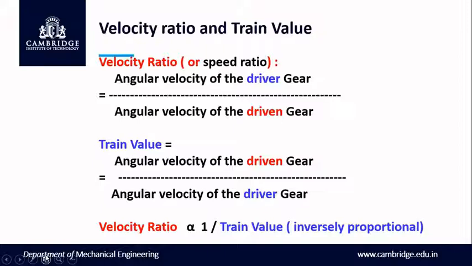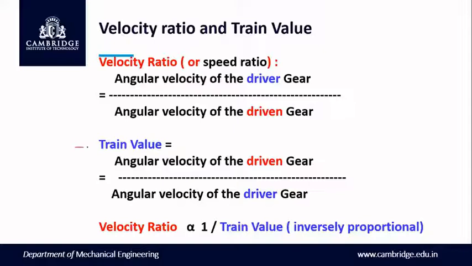Before moving on to the classification of gear trains, I would like to refresh the basic definitions of velocity ratio and train value. We know the velocity ratio is the ratio of the angular velocity of the driver gear to the angular velocity of the driven gear. The velocity ratio is also called the speed ratio.